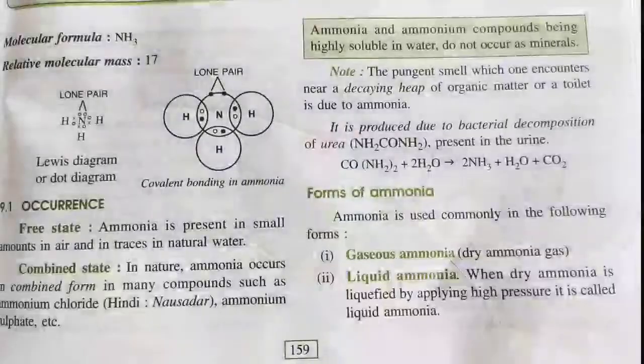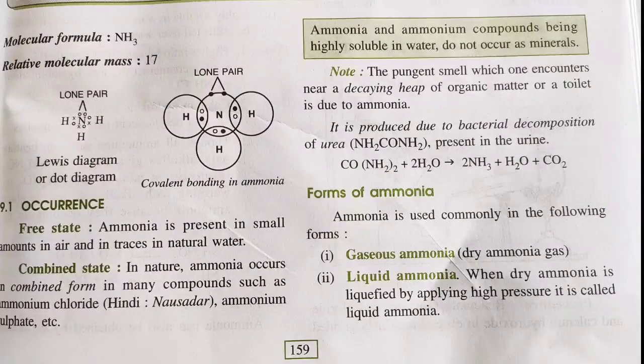Haber's process. So to begin with the chapter ammonia, we know that ammonia occurs both in free state and in a combined state. Apart from that, there are four different forms of ammonia, namely the gaseous ammonia, which is a dry gas. Then we have liquid ammonia, which is the liquefied dry gas.